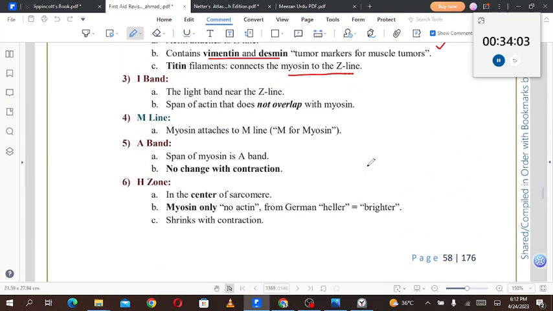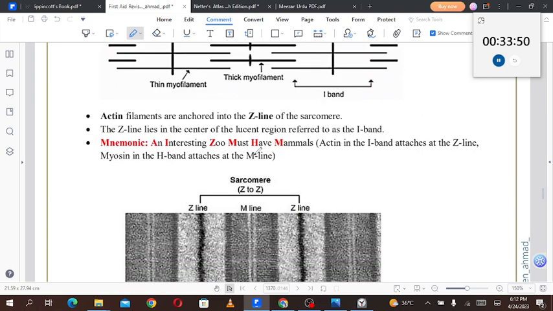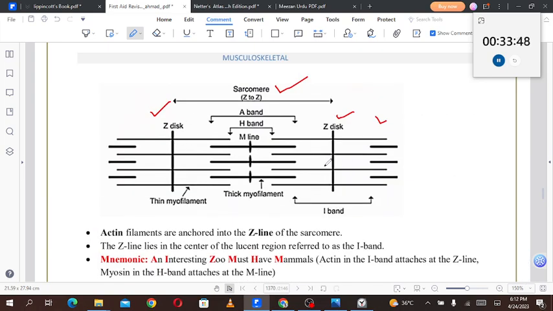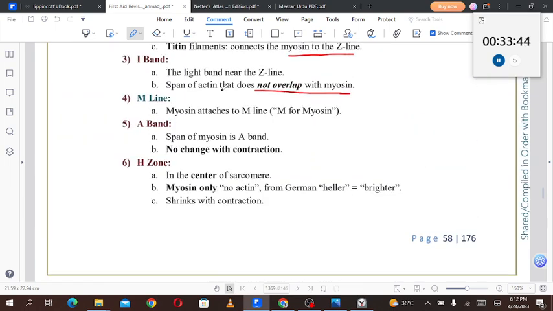Now continuing from here, the I band is the light band near the Z line, the span of actin that does not overlap the myosin. The I band is visible only when the sarcomere is not contracted, when the muscle is relaxed.